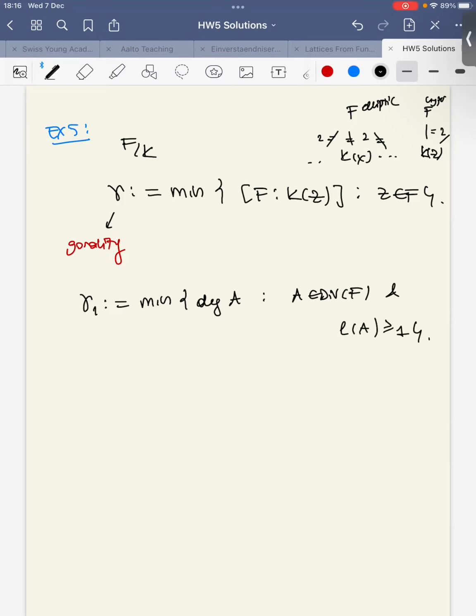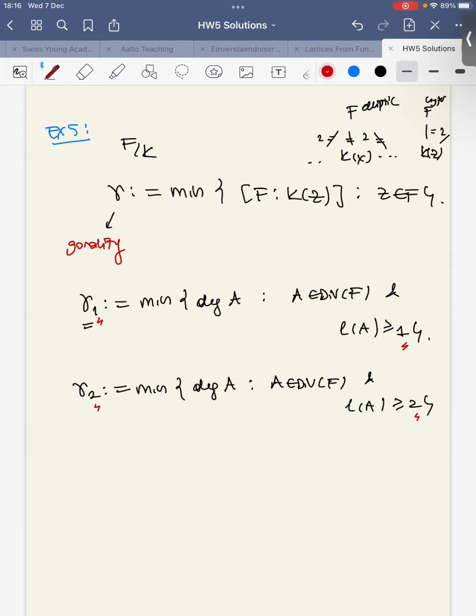Similarly, let me complete the statement. We define gamma 2 as the minimum degree of a divisor whose dimension is at least 2. So we consider these subindexes regarding the dimension.